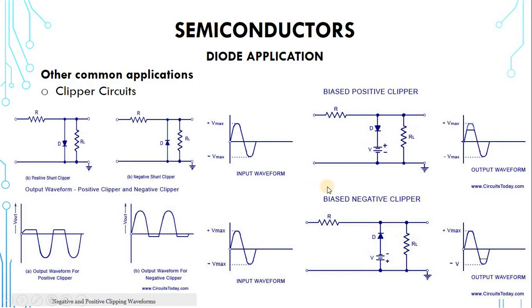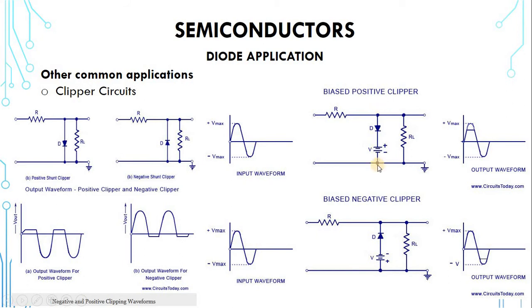Since the diode develops 0.7 volts across it when conducting, to achieve the biased positive clipper we introduce a bias voltage of 3 volts in series with the diode. So anytime the diode is conducting, the total voltage across it will be 3.7.